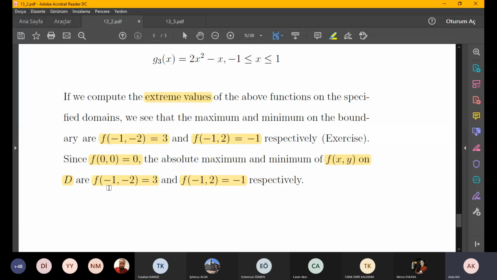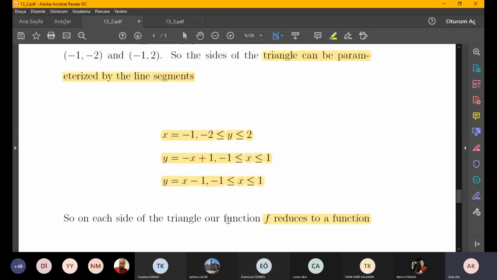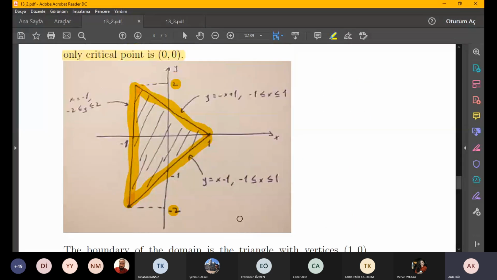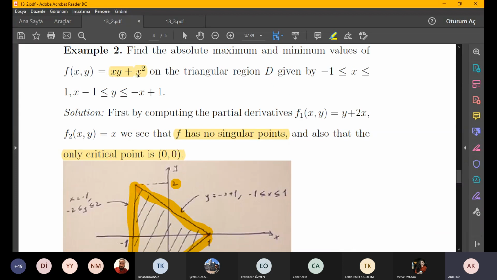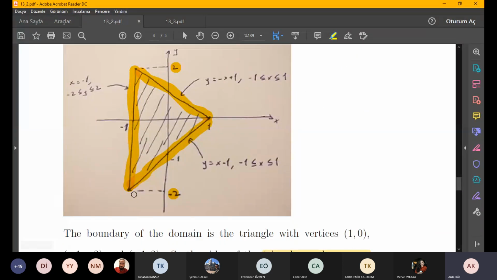For our function, xy plus x squared, the function gets its minimum value on that vertex here, and the maximum value on the other vertex, the point with coordinates (-1, 2).